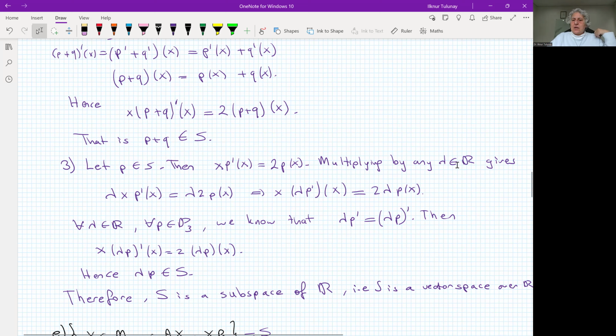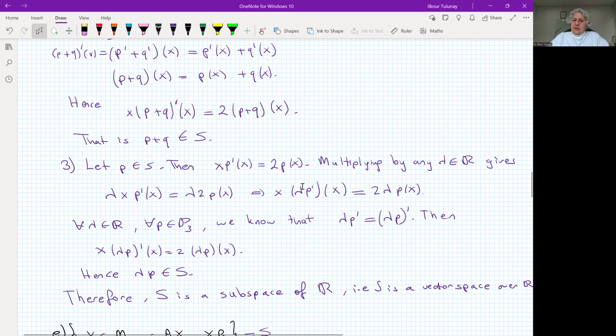Multiplying by any lambda in R gives us this equality, just multiplying by lambda. And lambda is a real number. By using the polynomial properties of real number multiplication, real numbers with respect to multiplication are commutative, so I can move this lambda here.